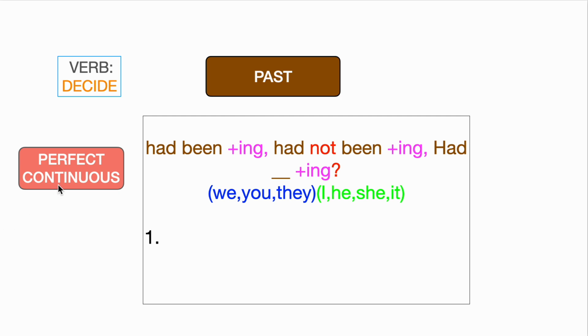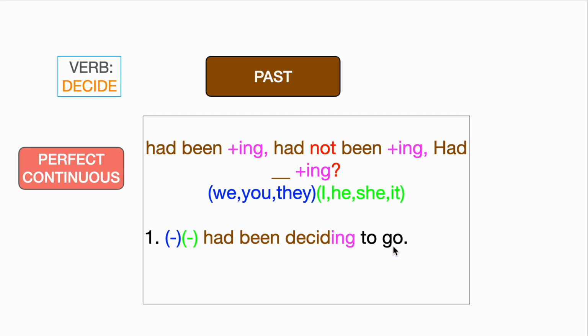Now the next row is perfect continuous, and continuous ing again, but we use had been or had not been for past. So had been ing. So we say, we had been deciding to go.